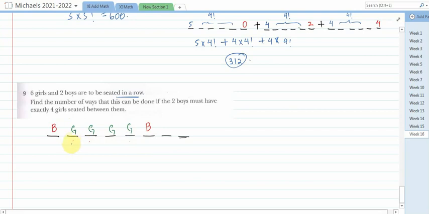If my boy sits here, the next boy sits here, right? And the last one, if the boy sits here, the next boy sits here, and these places are covered by the girls. So there are 3 placements among which these 2 boys can sit, right? So that is an initial point for you to start this question.